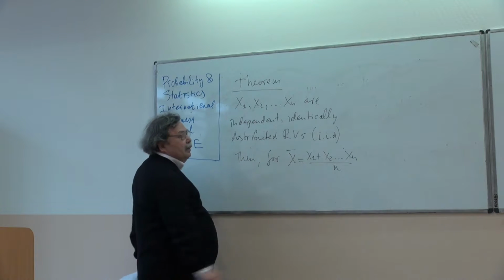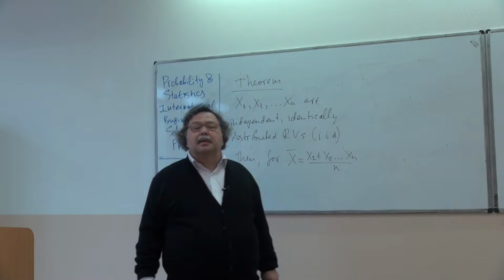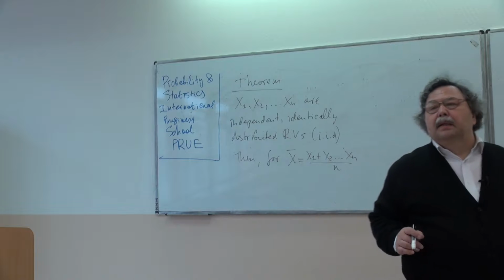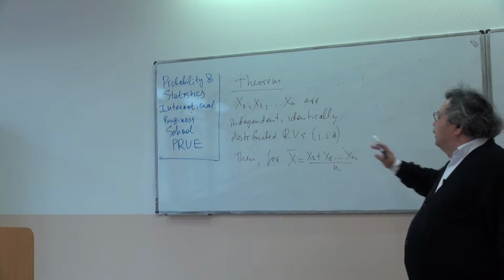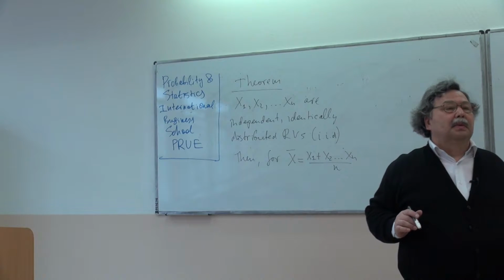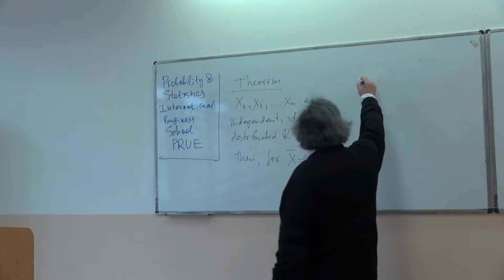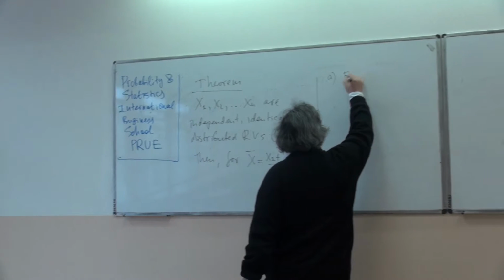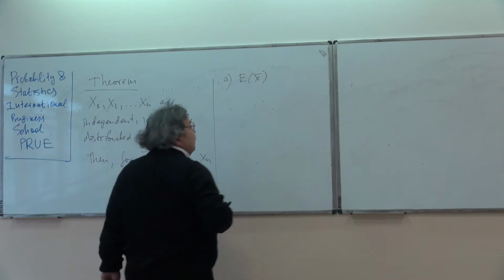It's read x bar. And by definition, x bar is the arithmetic average of these n random variables. Then we can say something very important about x bar. First, the expectation of x bar.